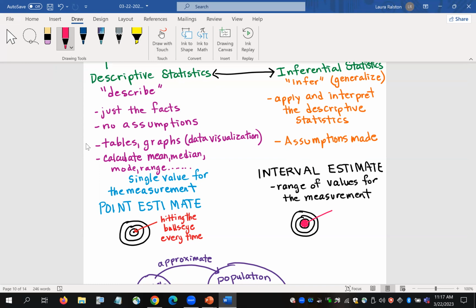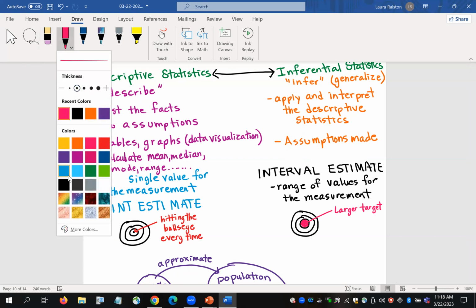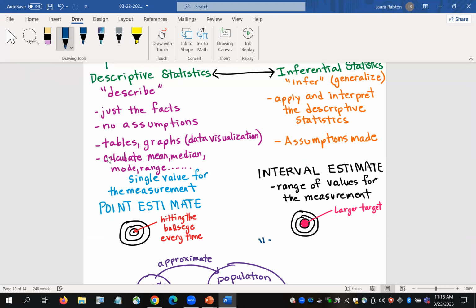So I have a larger target than just the bullseye. It gives me an interval or a range of values. What we call that interval of measurement is called a confidence interval.